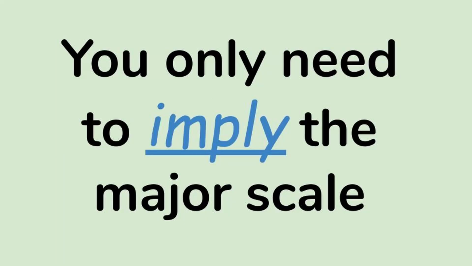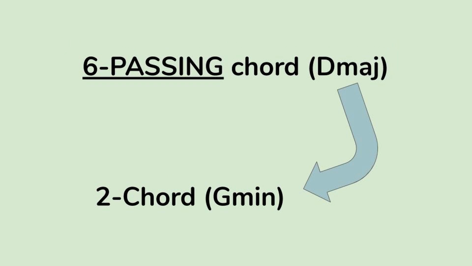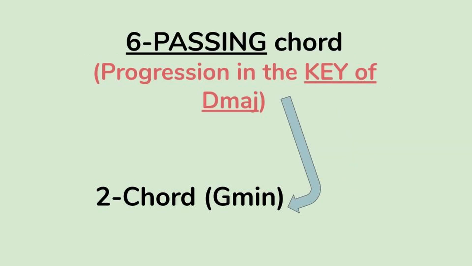So what does that mean, to imply the major scale? It basically means you don't even have to play the D major when you're playing a passing chord on the 6. All you need to do is play a progression in the key of D major, where we can hear that what you are playing is a D major scale, and it will also give that major flavor, which is exactly what we're looking for.